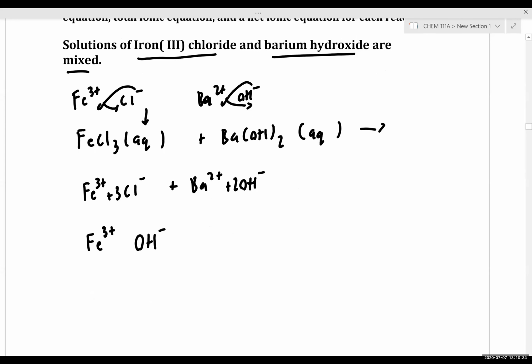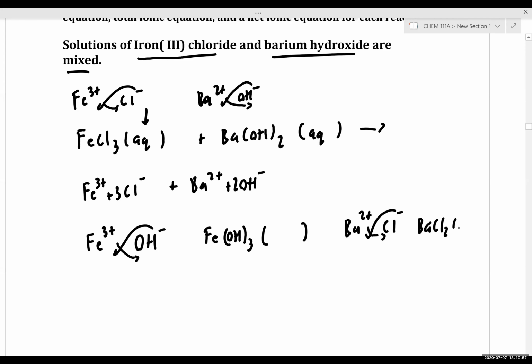So for example, if we pair iron and hydroxide, that gives us iron 3 hydroxide. We'll figure out the state symbol in a moment. If we pair barium 2+ and chloride, that in turn gives us barium chloride.